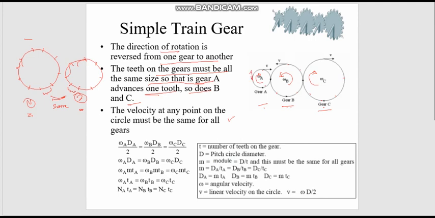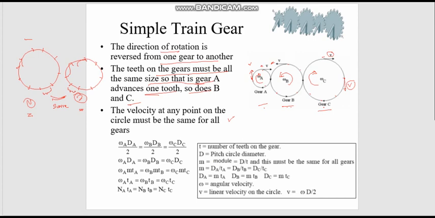So if I take here, the speed will be v, and this v equals this particular speed, equals the velocity of this particular point. And if I take this particular point and find the linear velocity there, it is still v. So they must all be the same, right?